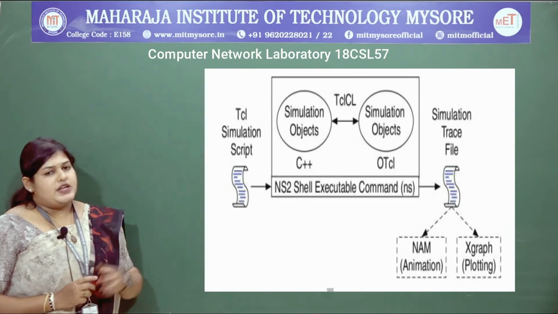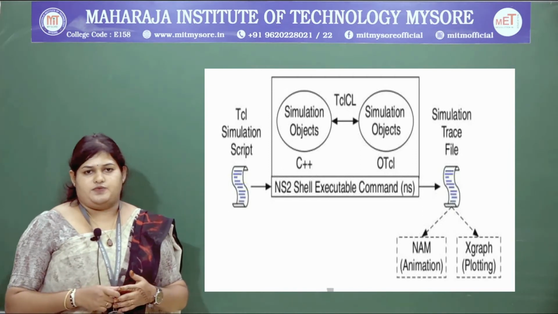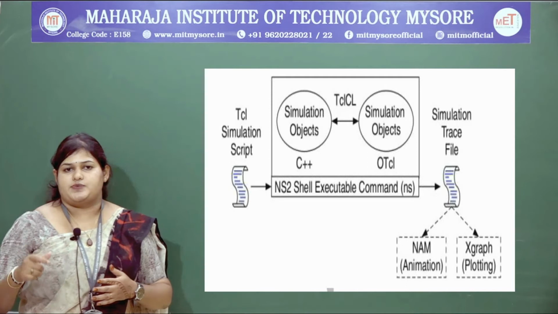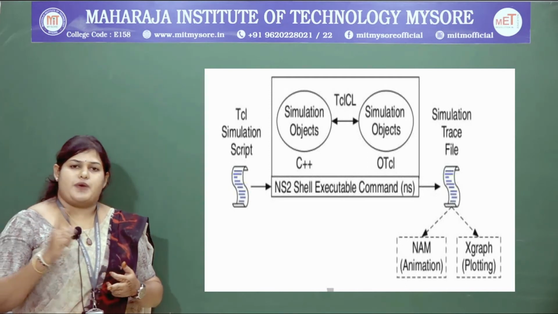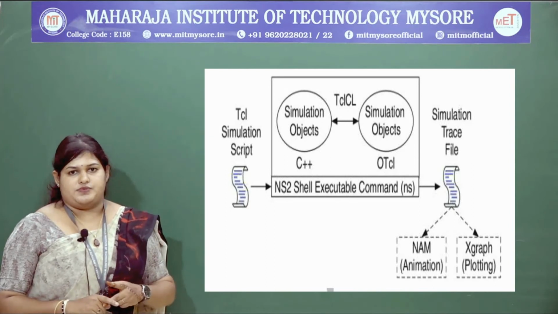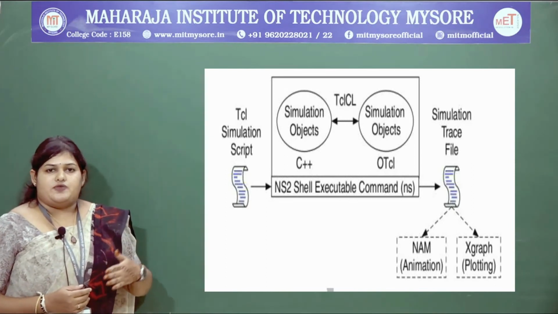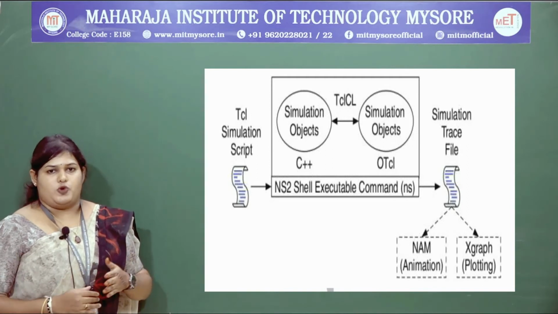With the help of this network animation tool, you can trace each packet, how many packets are dropped and how many are received at each node of the network. Likewise you need to analyze the requirements of NS2 in this flow.